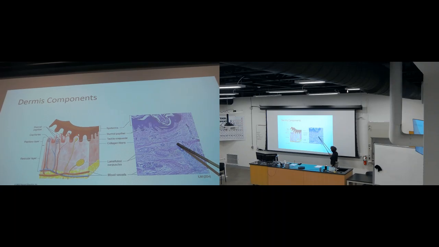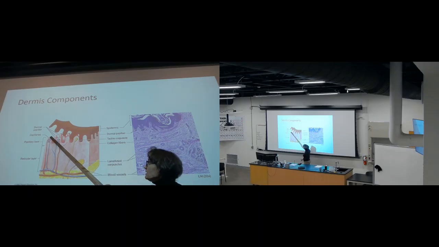And then here we have a lamellated corpuscle, and then the blood vessels with this transverse cut that helps you to see internally where you have the blood, providing oxygen and nutrients to these layers, and by diffusion, this oxygen and nutrients will go into this epidermis. Remember, epidermis is an epithelium, and epithelium doesn't have blood supply of its own.